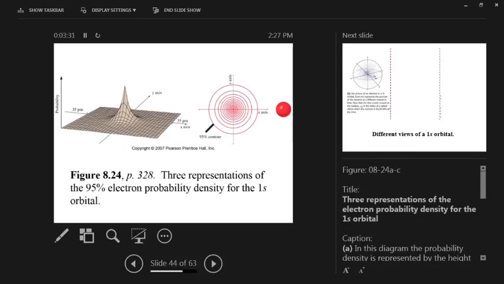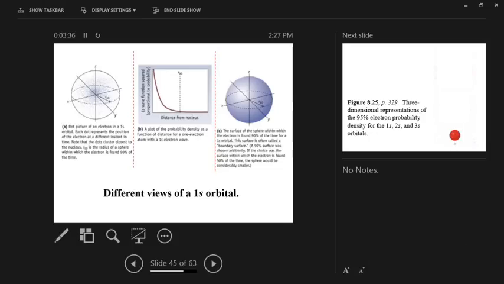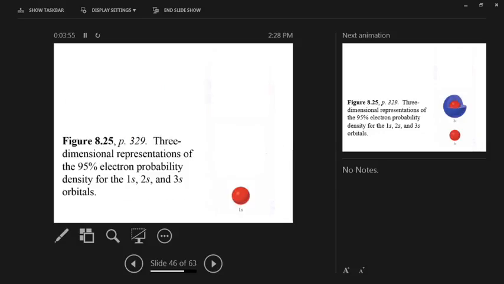So there's an S. This middle one shows the probability of finding an electron at a given distance from the nucleus. If the nucleus is here going away, where are you going to find an electron? So this is S.